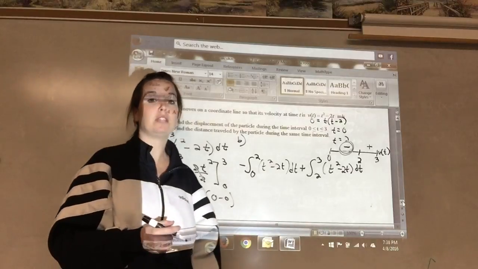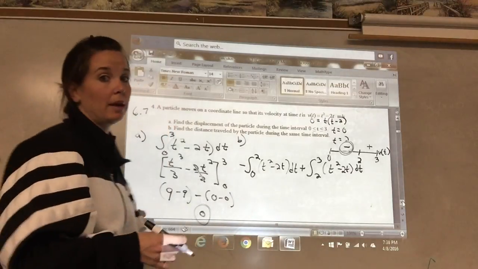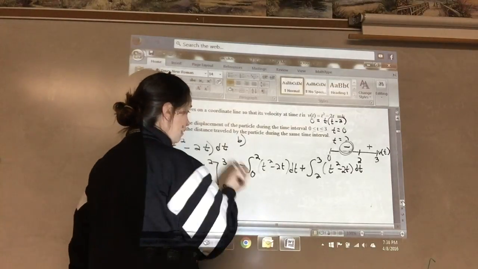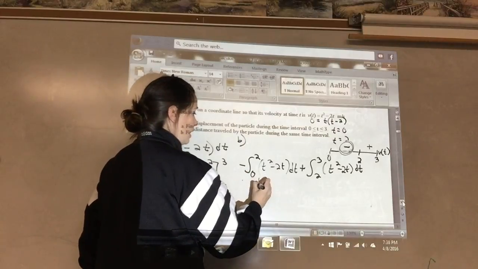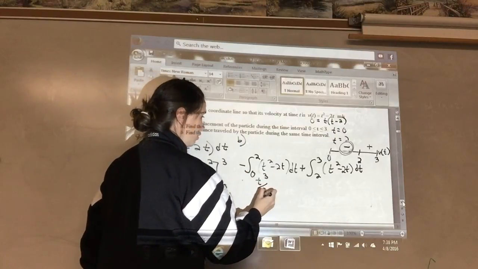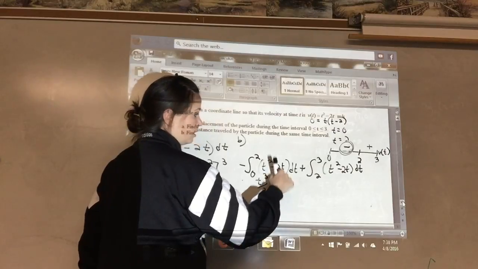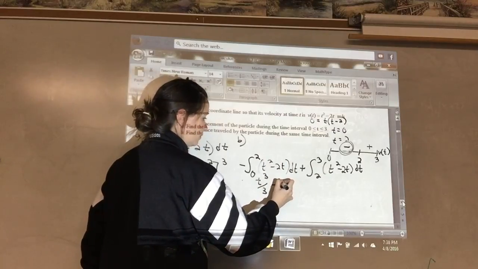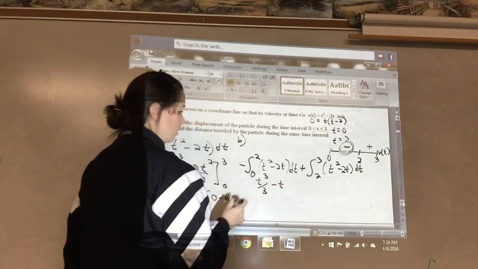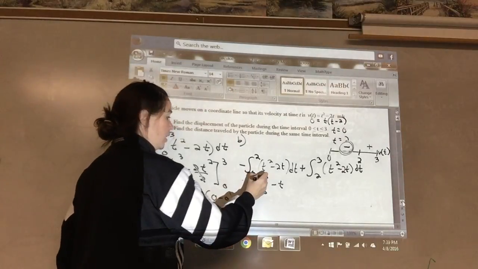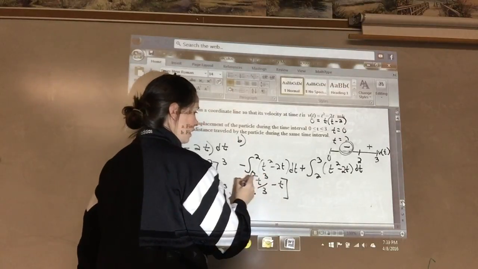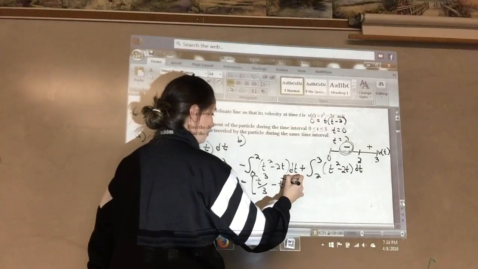The rest of this is just tedious algebra, making sure that you don't make a silly mistake. So here we go. Let's do t to the third over 3 minus 2t squared, so that's going to be just t. I'll divide and get rid of that 2. Stick this negative out here, and we're evaluating from 0 to 2.